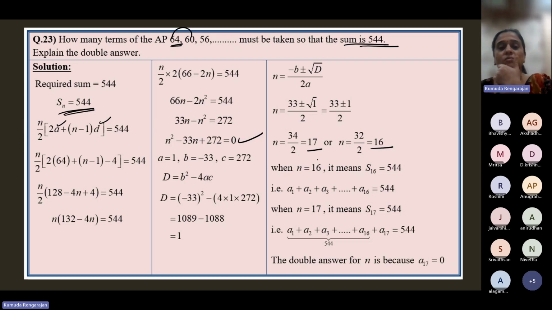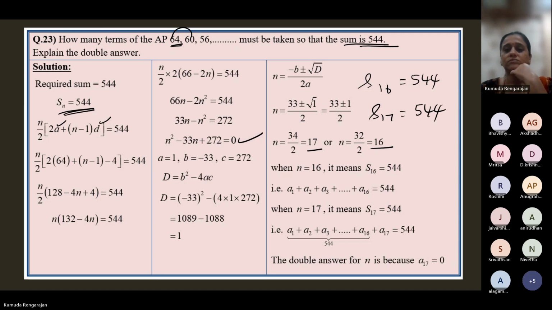The sum of the first 16 terms is 544. The sum of the first 17 terms is also 544. How is this possible? It's because the 17th term is 0.